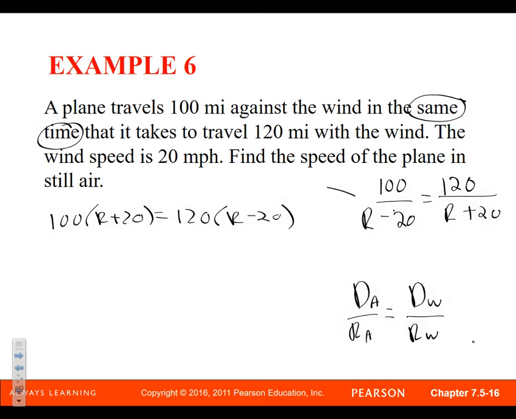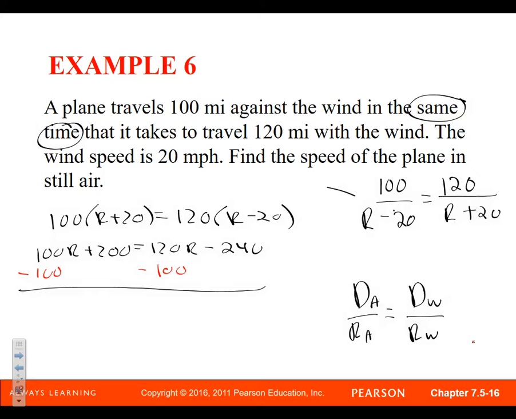So I've got 100R plus 2,000 is equal to 120R minus 2,400. Minus 100R, minus 100R, plus 2,400.